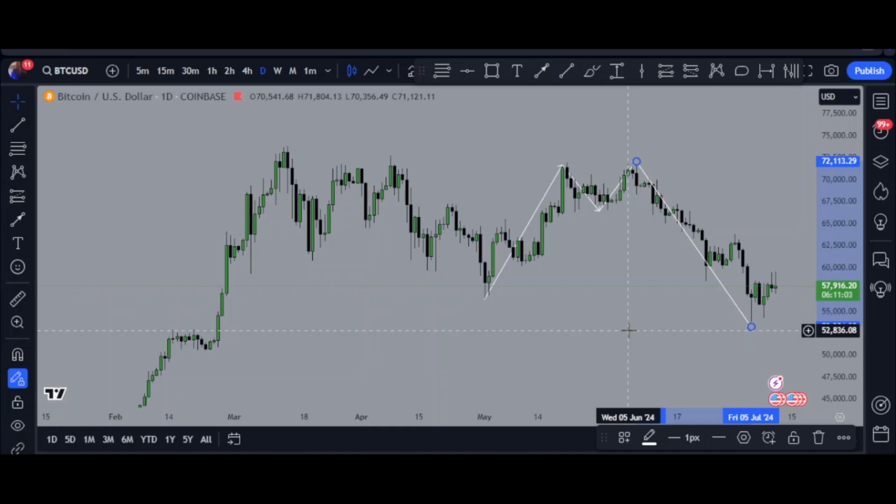These can and cannot be. You see this? This is a flag. See this? When the flag completes, the market goes up. There is a reversal flag as well, when this will be down and this will be going down like this, and then the market goes up.